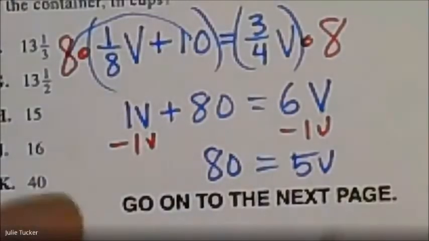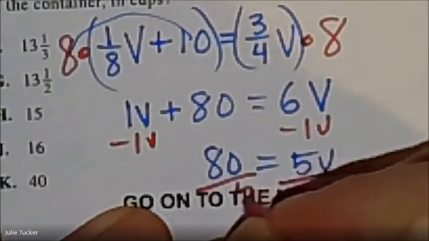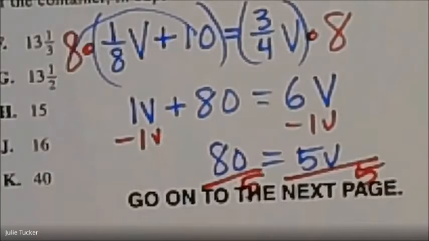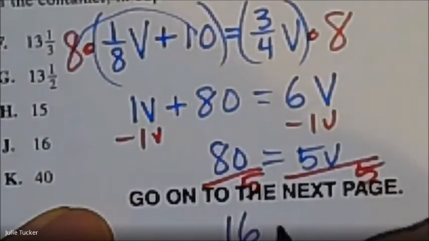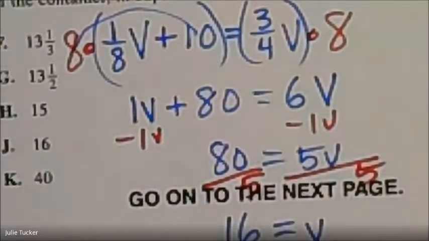Good. Remember, if it's linear, you want to get variables on one side and numbers on the other. When it's quadratic, that's when you want everything on one side. Yeah. This answer is 16. Yep.